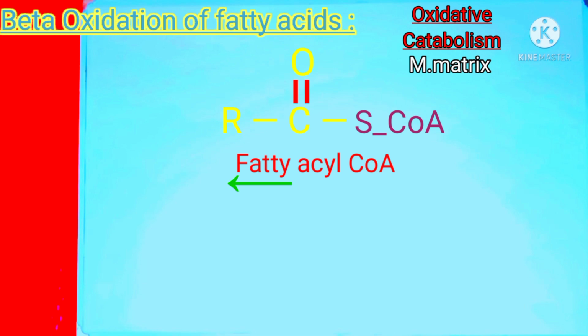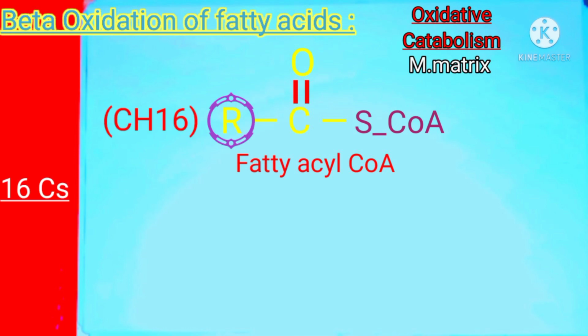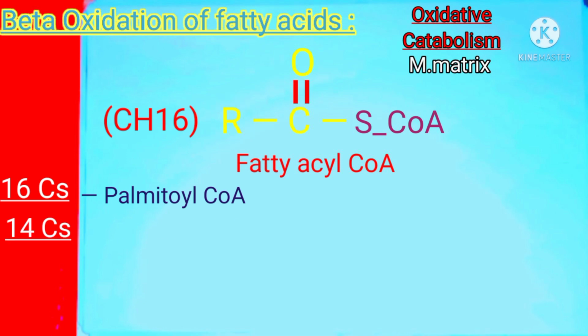The word fatty in the name of fatty acyl CoA can be removed depending upon the length of the side chain that is associated to the functional group. For example, with a side chain of 16 carbons, the compound will be called Palmitoyl CoA, a side chain of 14 carbons gives Myristoyl CoA, and 12 carbons will be called Lauroyl CoA.